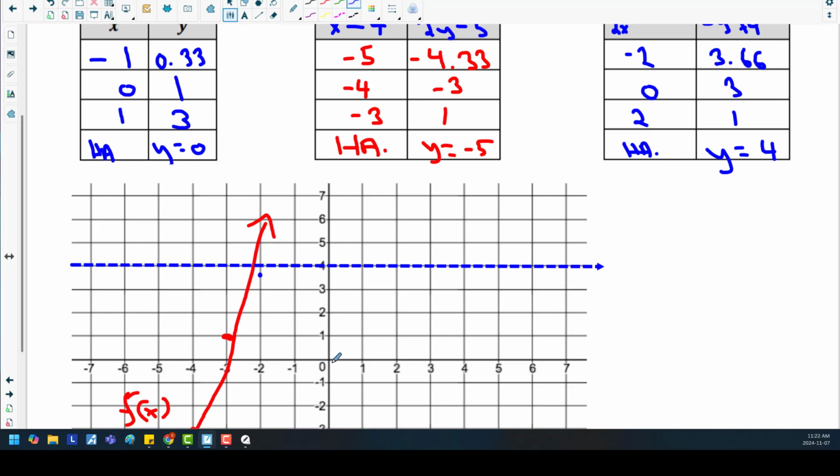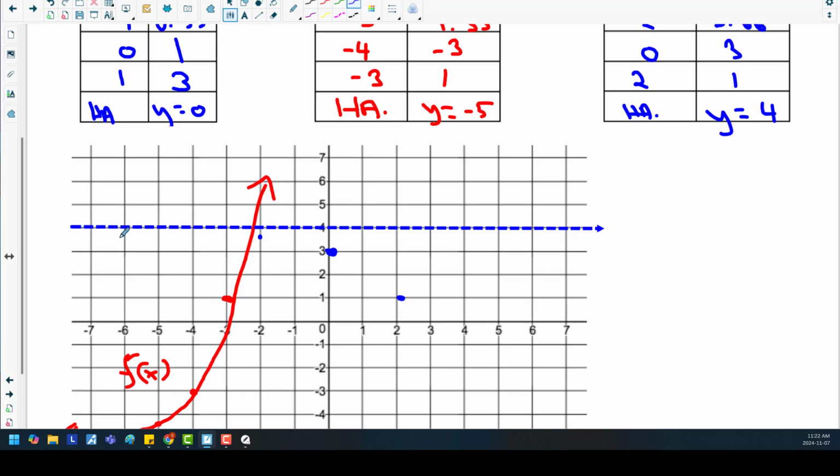Then we have 0 and 3. And we have 2 and 1. So if you're connecting these dots, you know it's got to go something like this. And there you have it, the general graph of g of x.